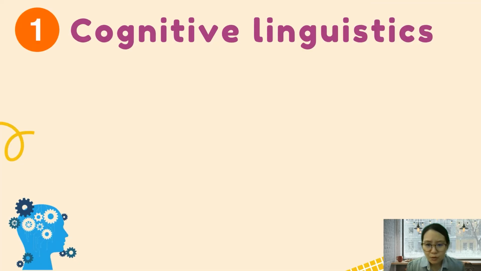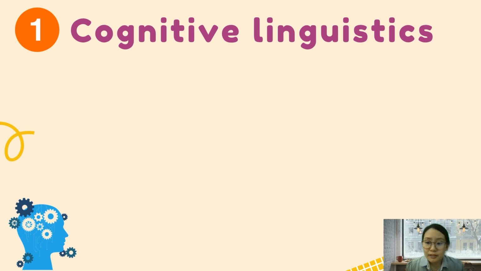So, first of all, what is cognitive? When we hear of cognitive, we can relate it to our mental action or the process of acquiring information. In other words, once we experience new events, our mind can receive and process information immediately, right?